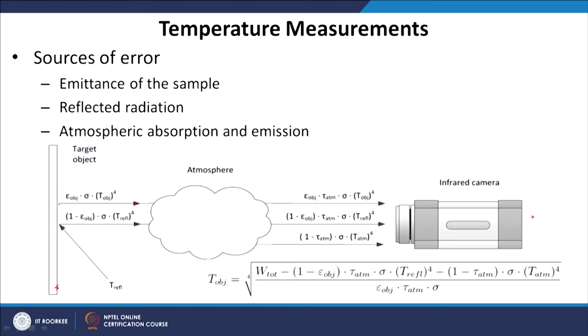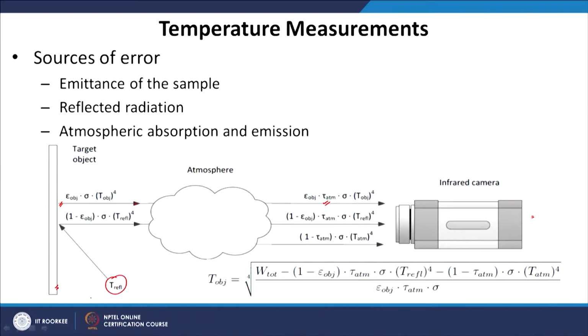So the radiation coming from the surface will undergo attenuation by the transmission factor tau of the medium, and then there may not be a single surface in the furnace, there may be multiple surfaces. So the reflected part of the radiation will also come into play. Some part of the reflected component comes from walls which are away from the wall on which you want to measure the temperature. So the radiation coming from the side walls after reflection also reaches the camera, and then finally radiation from the gas also reaches the camera.